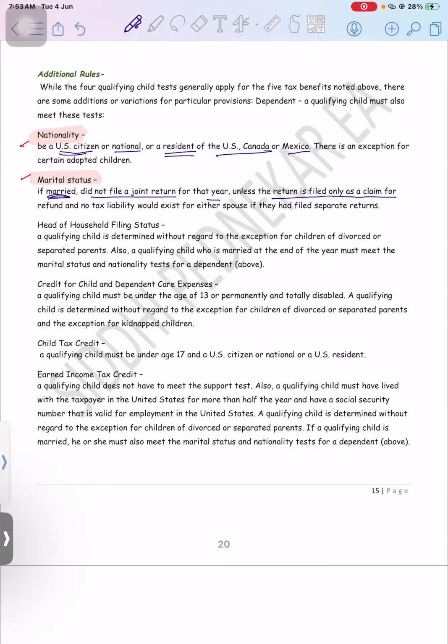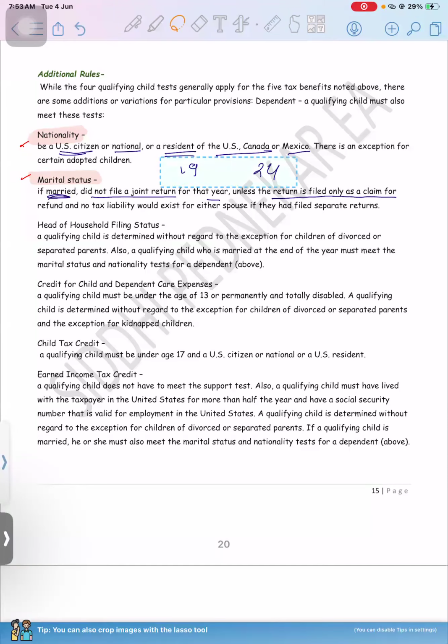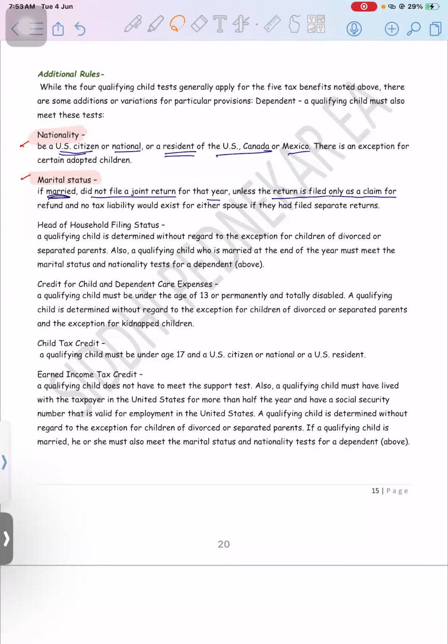Else, you cannot go for a dependency status if you are already filing MFJ with someone else. This will rarely happen in the case of qualifying child status, because a person is less than 19, or less than 24. He or she will not be a married person at this age. So practically it is not possible, but just remember the rules.